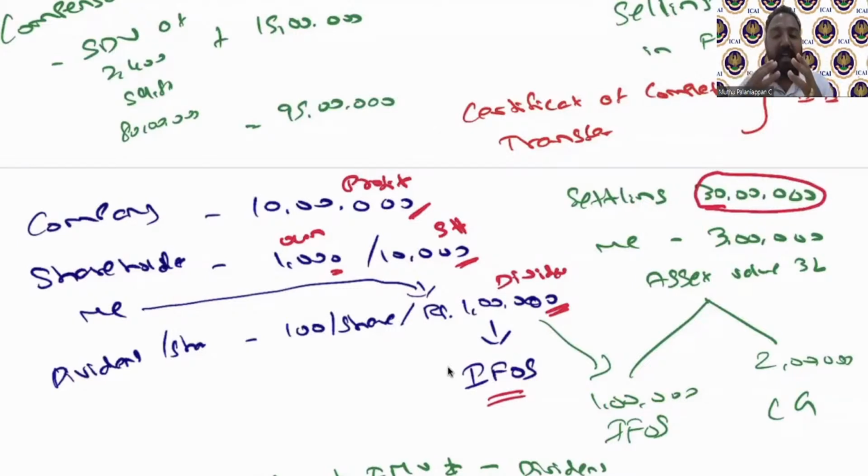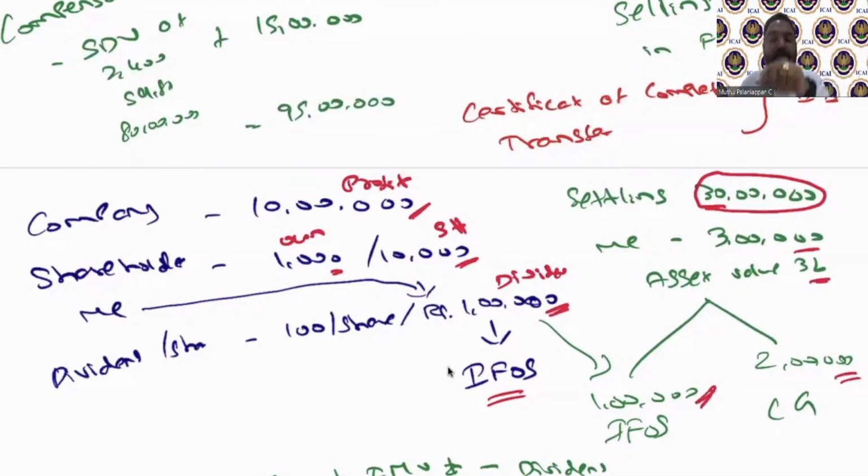Now this 30 lakhs will be distributed to the shareholders. My share of it is 3 lakhs. Now, to the extent of profits, in this 3 lakhs, 1 lakh is profit and the balance is capital gain.